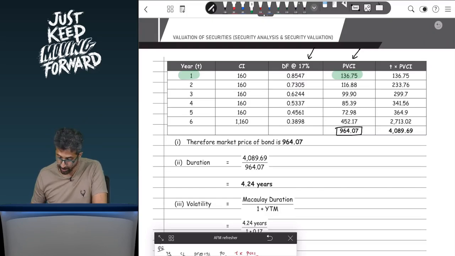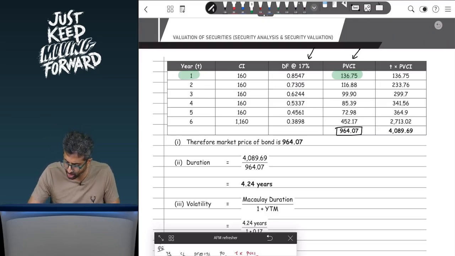then you have 2 into 116.88 M plus, 3 into 99.9 M plus, 4 into 85.39 M plus, 5 into 72.98 M plus, 6 into 452.17 M plus, and MRC.